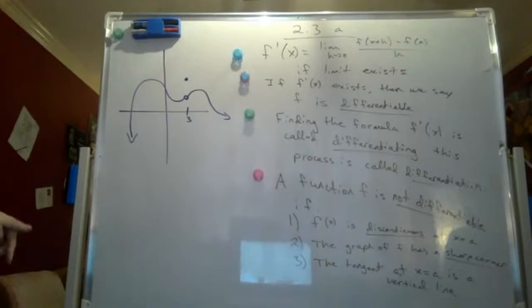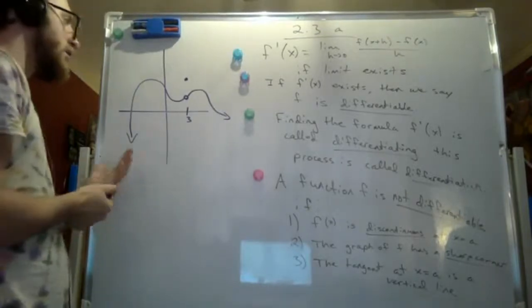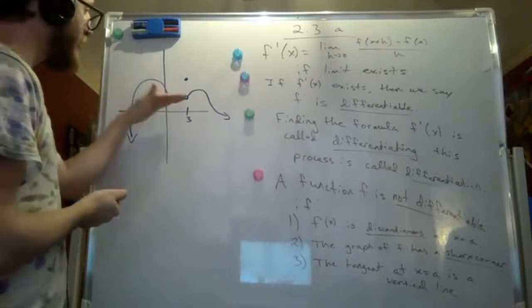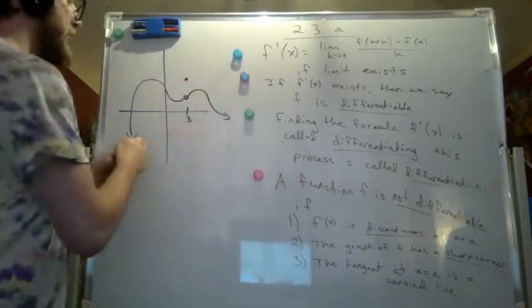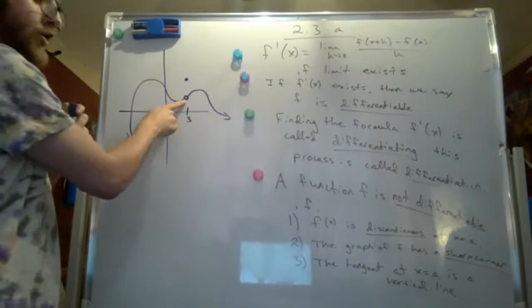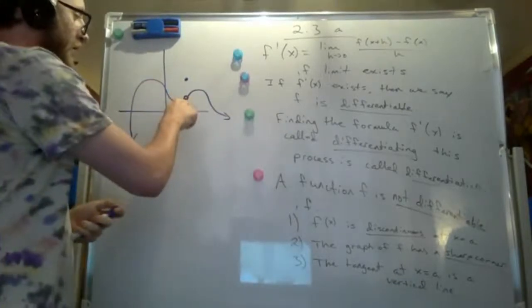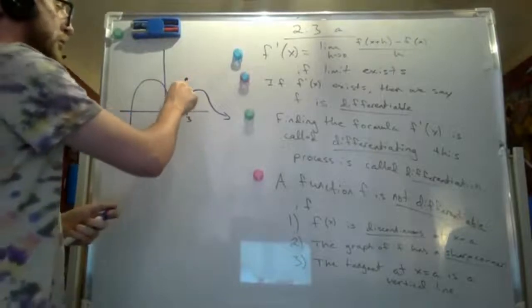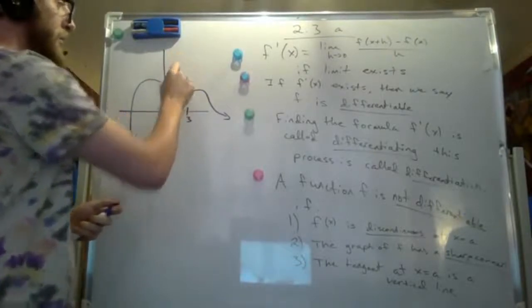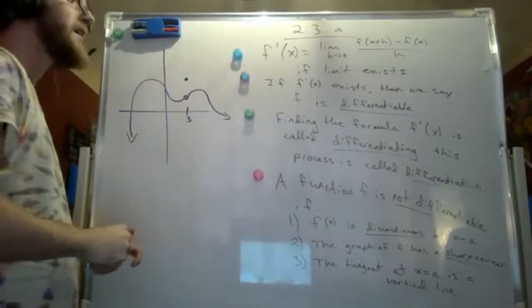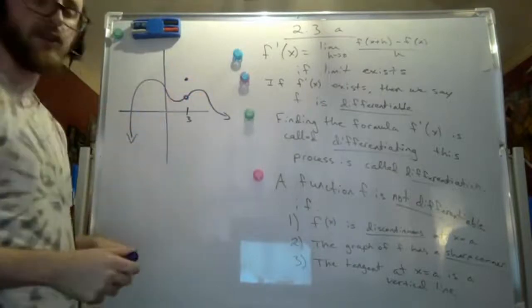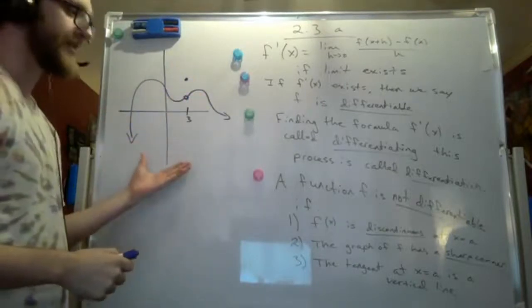In this case, the function is also discontinuous. Why is that? Even though from the left and from the right, the function does meet at this open circle, that circle is not filled in and you actually have to fill in another point, so you have to pick up your pencil and put it down somewhere else. It is not a continuous function, and so it is discontinuous.